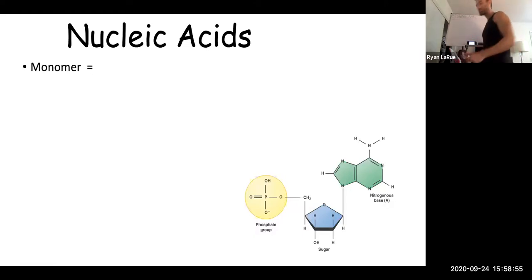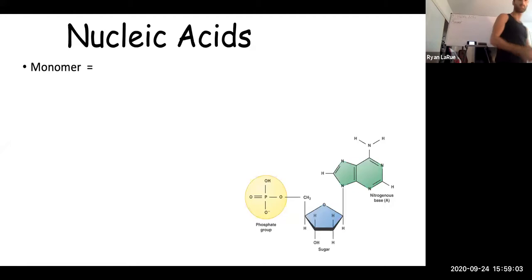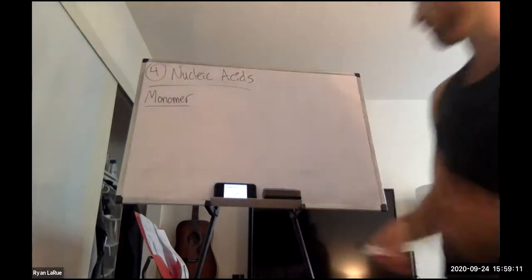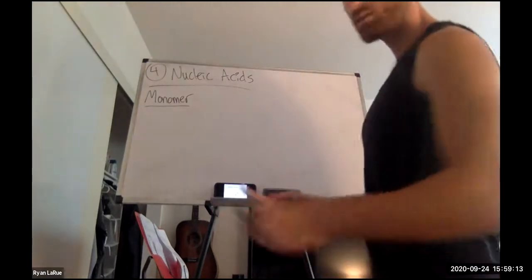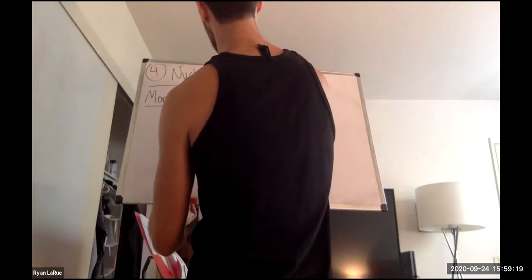All right, so we're back to this sort of rule where there's a defined monomer, a repeating unit that will form a polymer. And the monomer for nucleic acids is called a nucleotide.